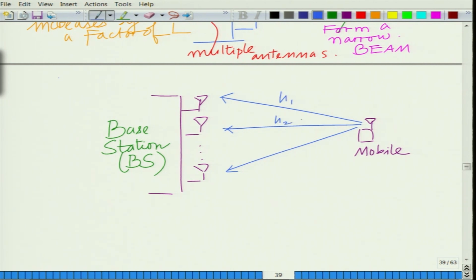These are denoted by the channel coefficients H1, H2, HL. These are the channel coefficients.